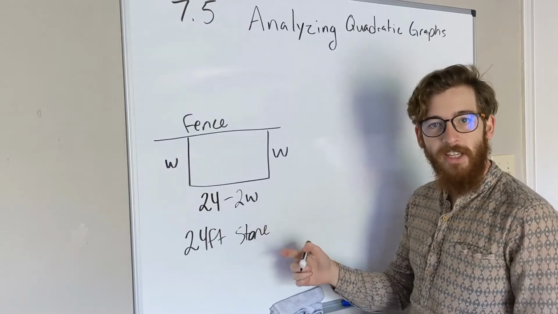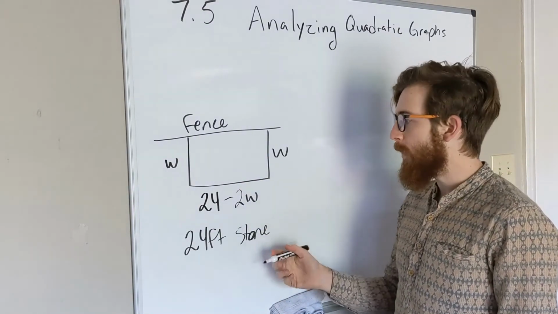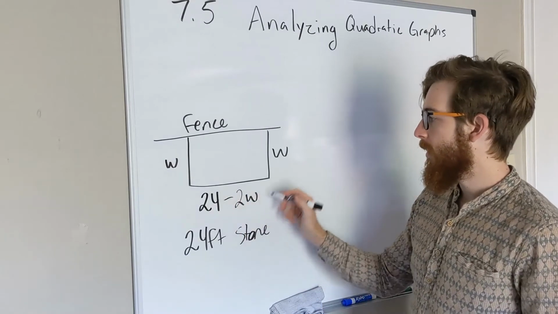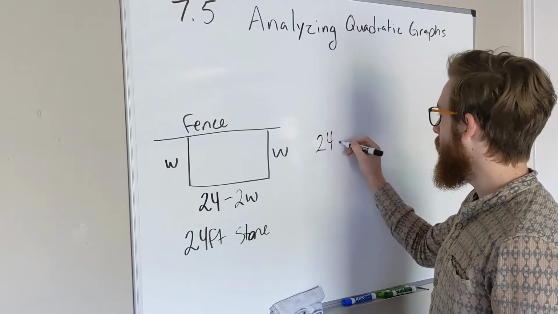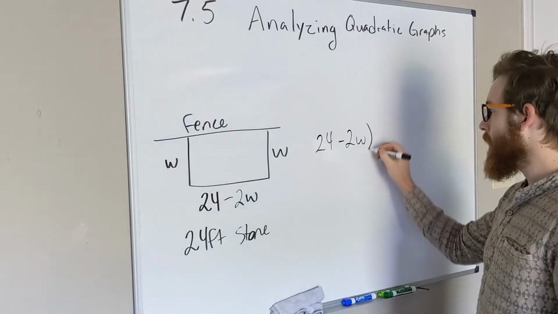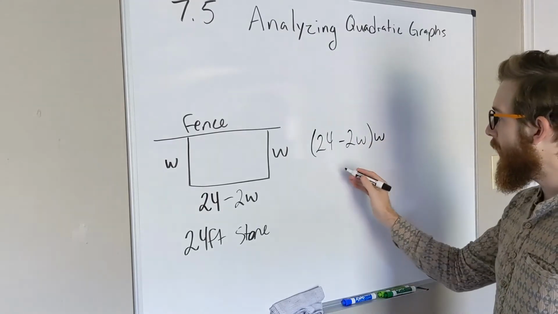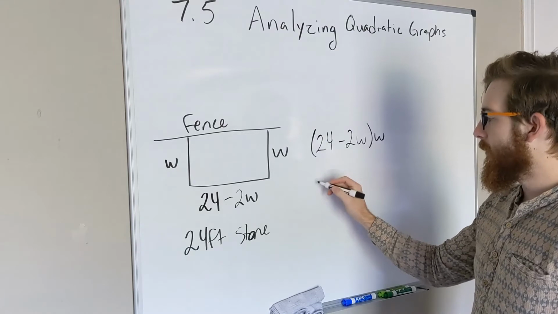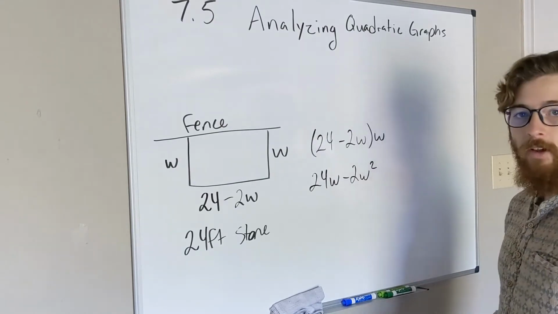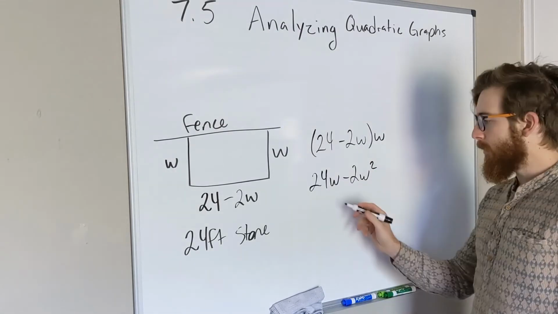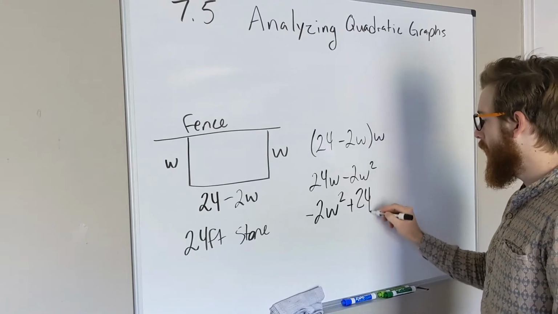And so what I need to do is I need to find area. But what's area of a rectangle? Length times width. And so I now have 24 minus 2W times W. Okay, well, what does this give me? That would give me 24W minus 2W squared. But I want to write this in descending order just because that's my habit.